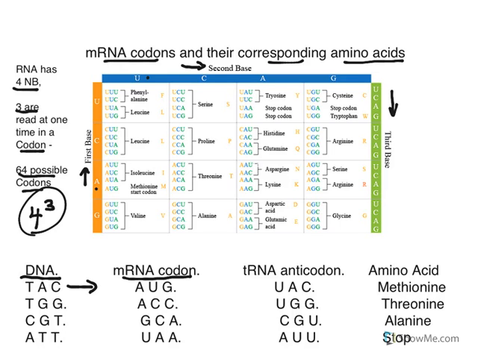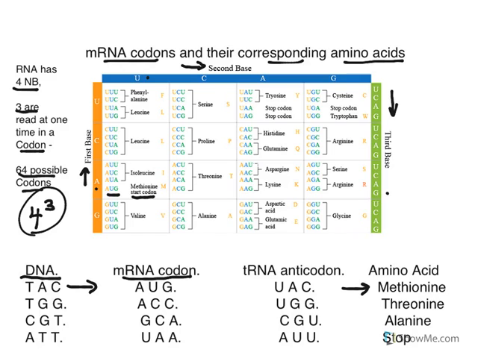We look down and across in this table, and the third one you're going to read over here, G, and that gives us methionine. Methionine is always the first amino acid. It's called the initiator or start codon. That indicates the beginning of a new gene.